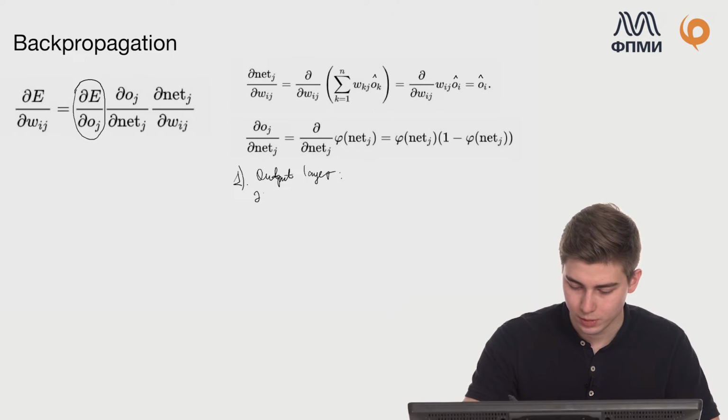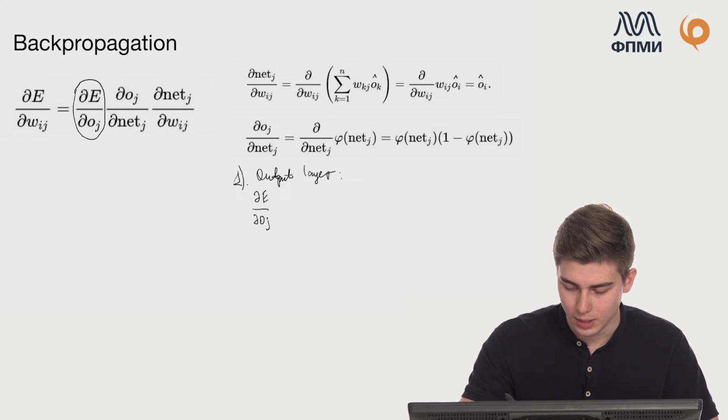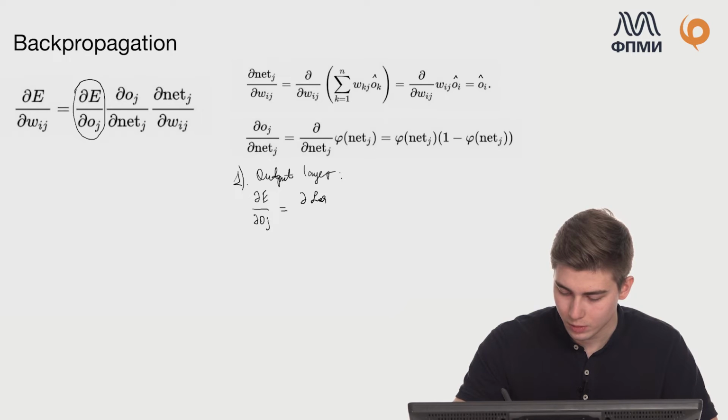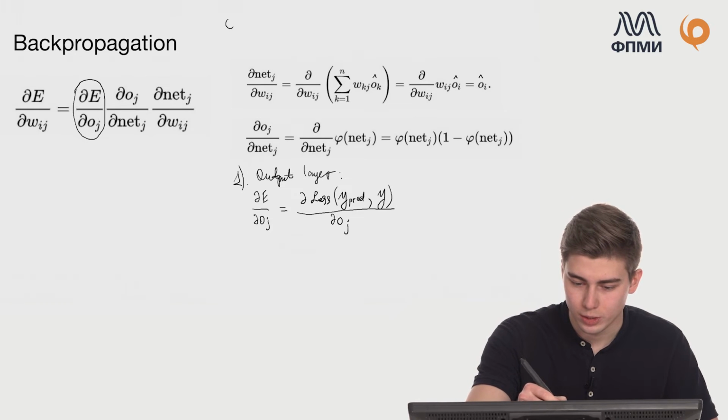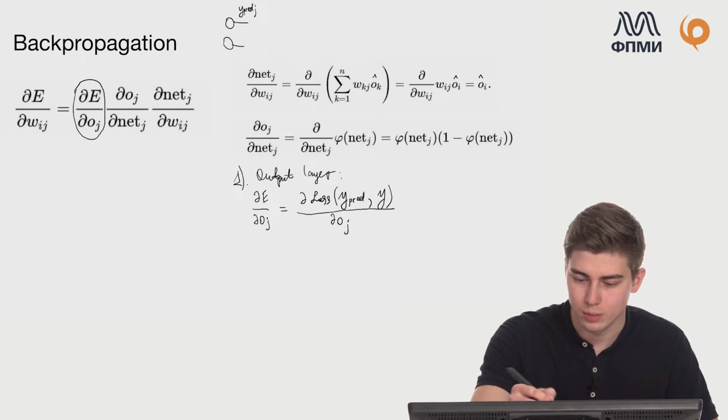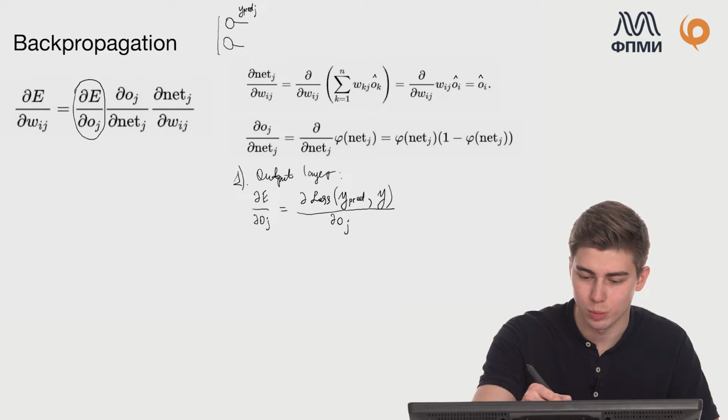Here we have the partial derivative of E with respect to Oj, and it equals the partial derivative of the loss applied to the predicted Y and the true labels with respect to Oj. And if it is the output layer, the Oj just equals the Y pred j. So it's the prediction of the jth neuron of the output layer.